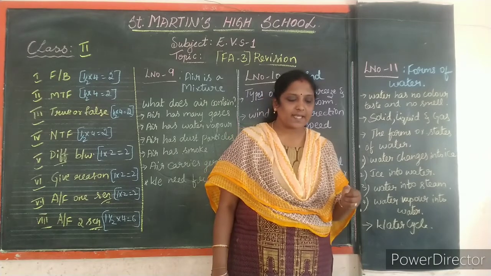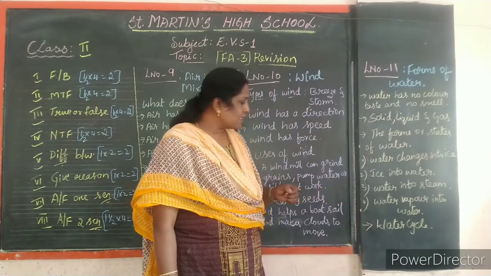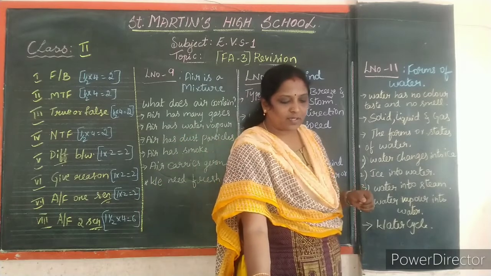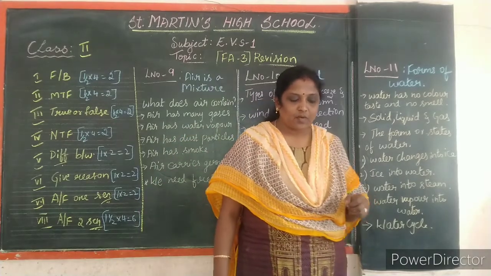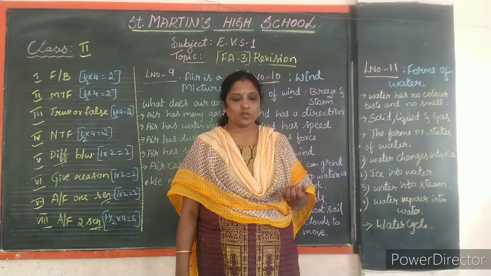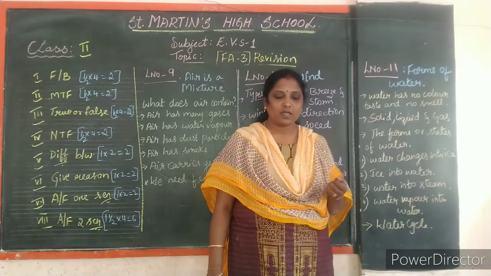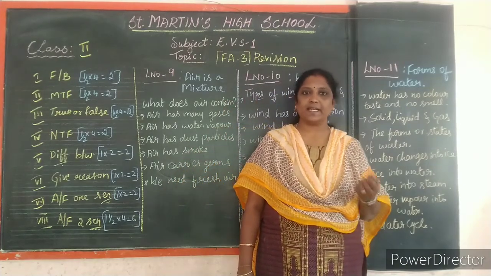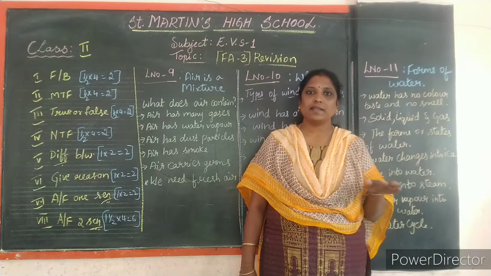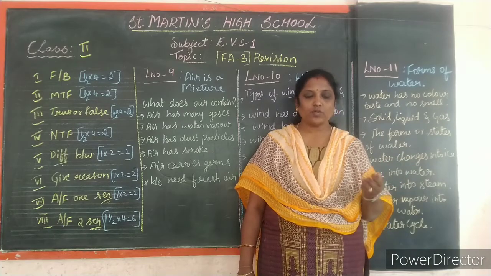Okay, children. Next is water vapor changes into water. Again, here ask an adult to boil the water. Now put a lid on the container. When you close the lid on a container, what do you see?